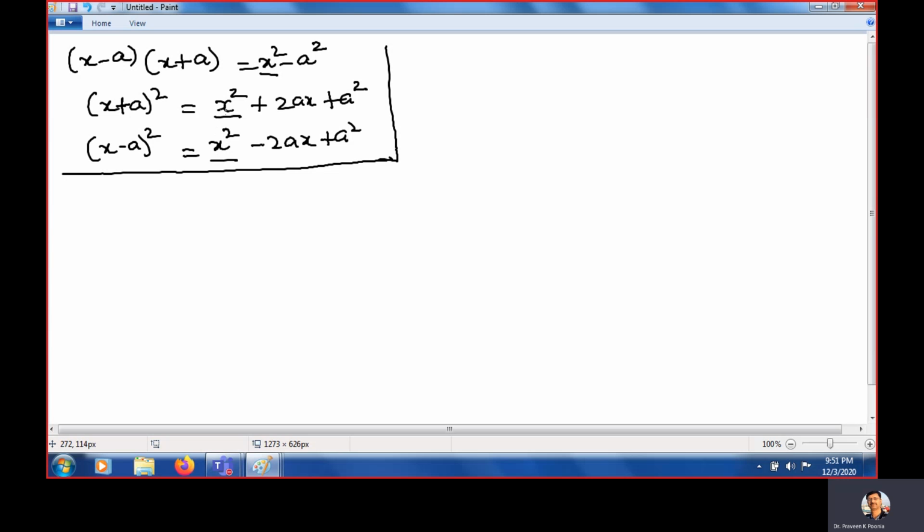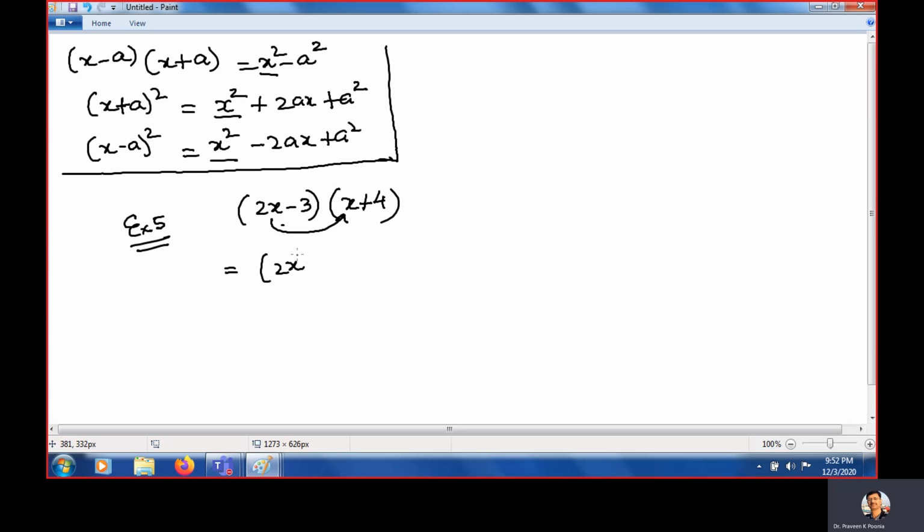Okay. So for the product, we will take one more question. Example number 5. It is 2x minus 3 and, let us take, x plus 4, like this one. So how are we going to do it? Multiply by 2x here.